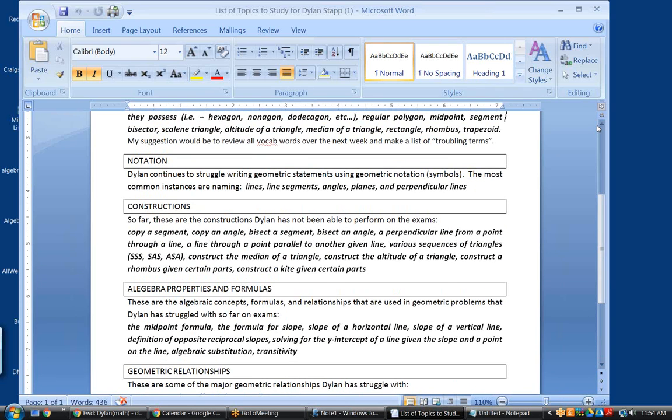What's a rhombus? A rhombus is a quadrilateral, but only the opposite sides are congruent to each other. You left out the most important part of a rhombus. What's the number one thing of a rhombus?